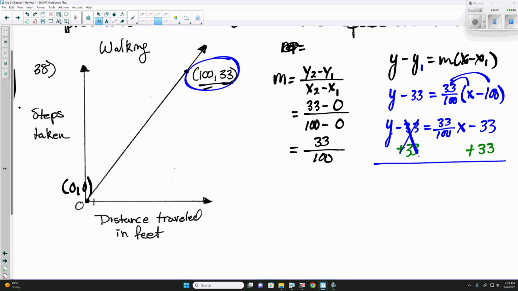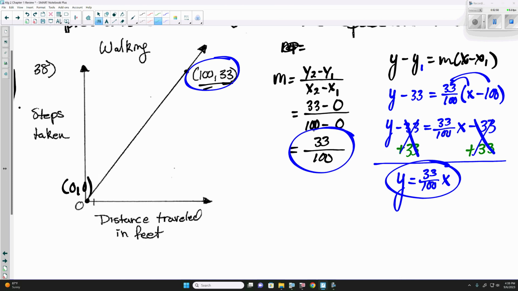So we add 33 to both sides. Those will cancel, telling us y is equal to 33 over 100x. Well, negative 33 plus 33 is 0. So we have our slope and equation of the line. And that's all we need to do for this here. We don't need to interpret the slope or describe the slope. We just need these two pieces here.